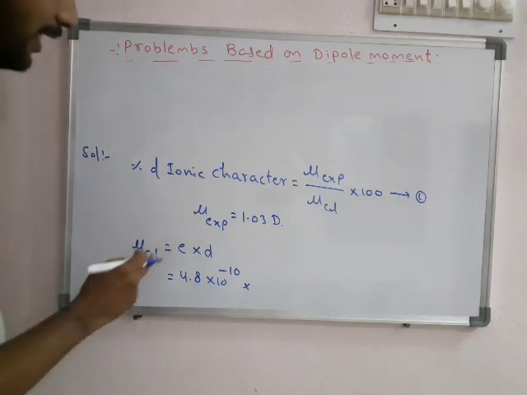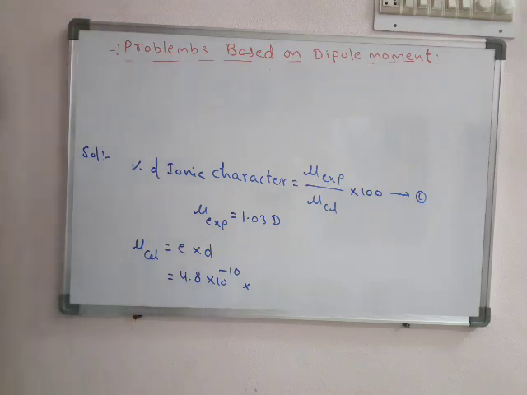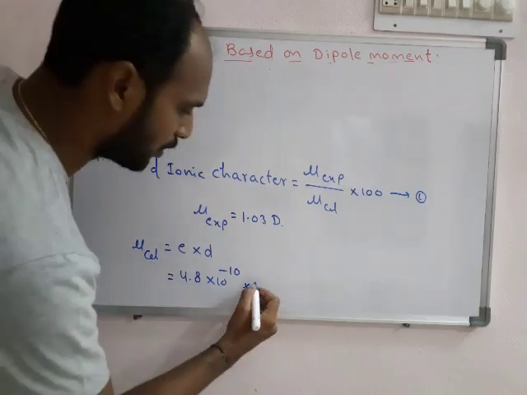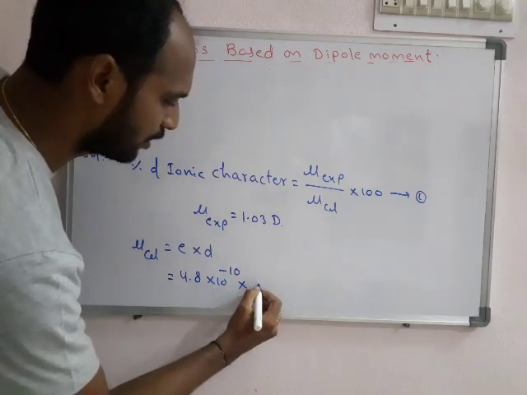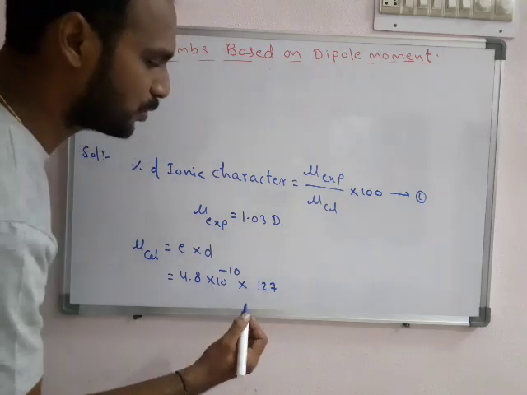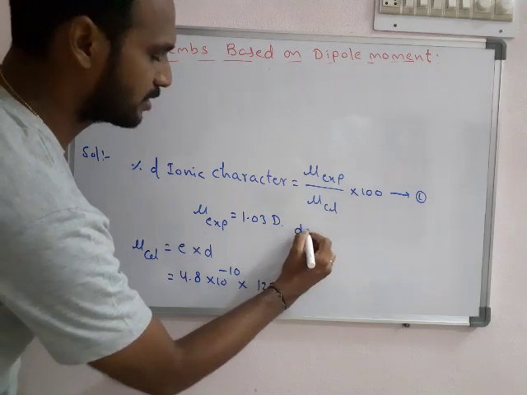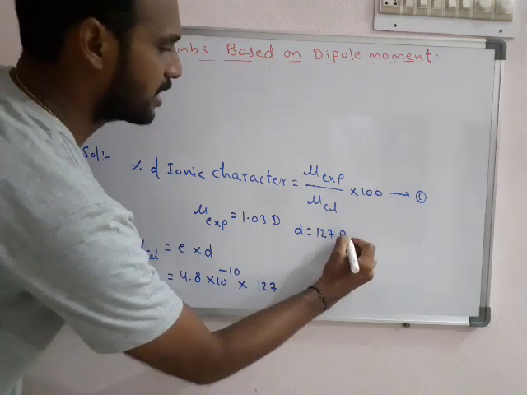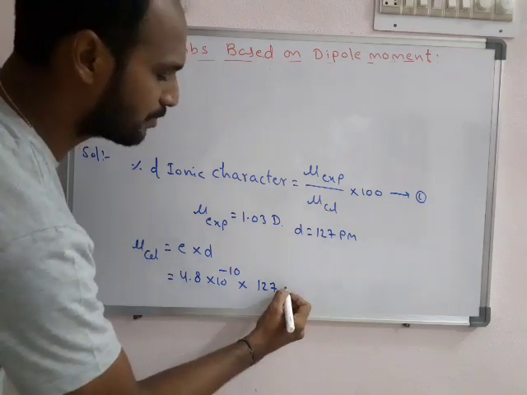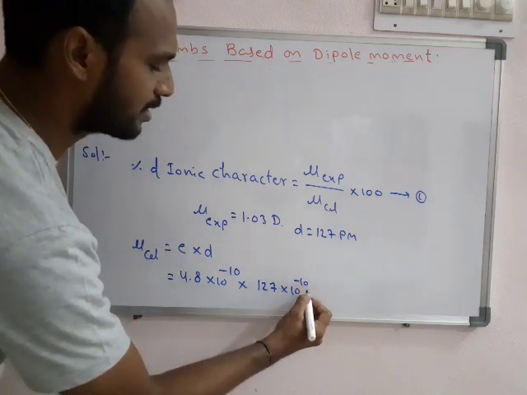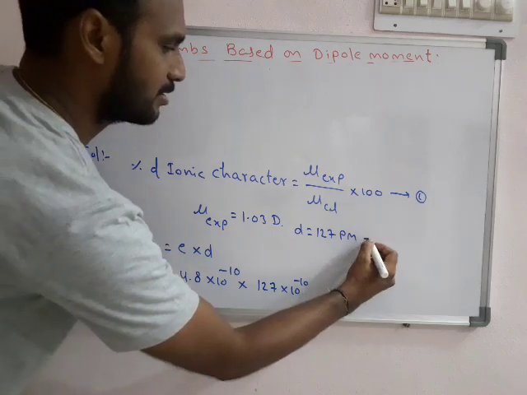So what is the bond length? The distance is given as 127 picometers. Picometers is no problem for us; we convert 127 picometers into centimeters, that is into 10 to the power of minus 10 centimeters.